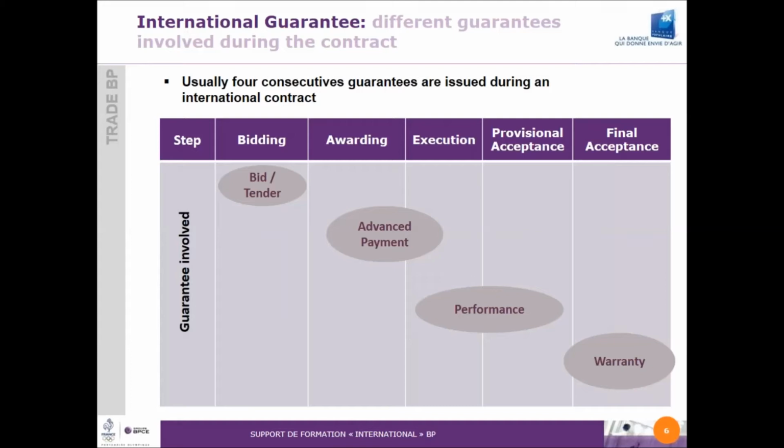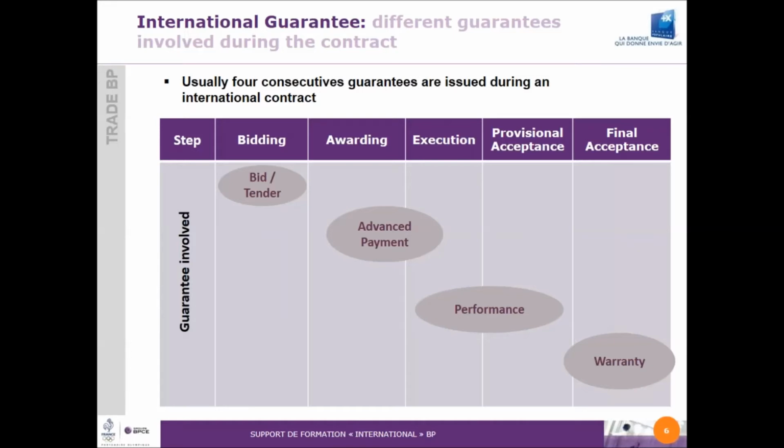For international business contracts, there are different steps, and usually each guarantee corresponds to one of these steps. The first step is the bidding, where you will be requested to issue a bid or tender guarantee.